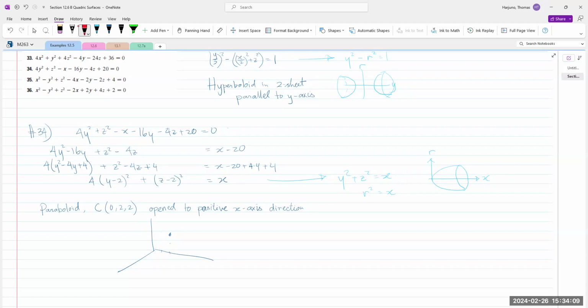So it will look like this, basically on the skinnier side.